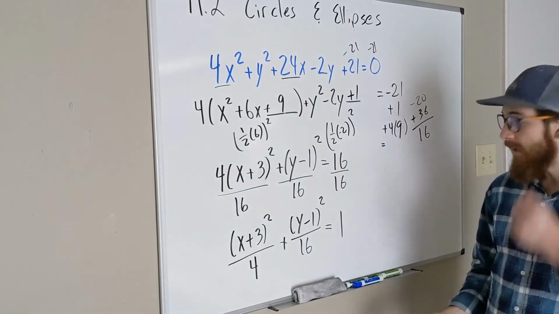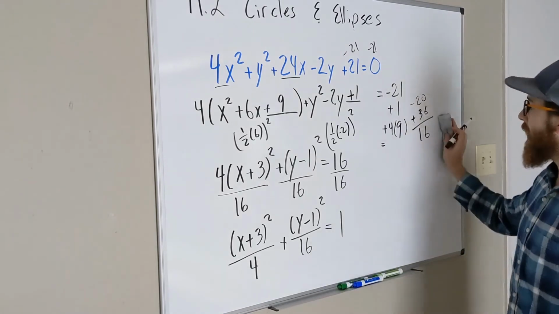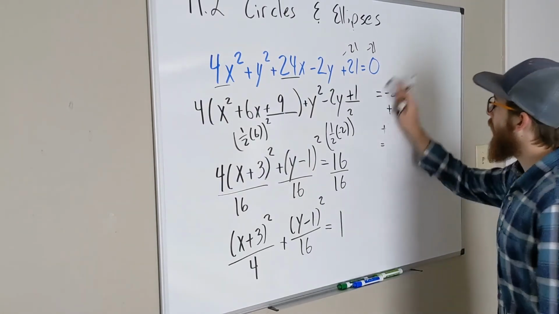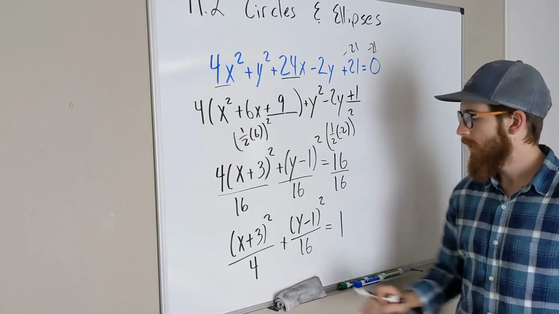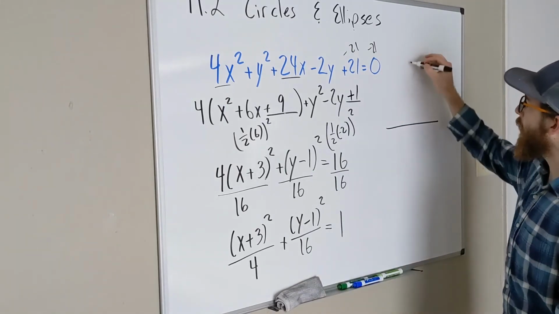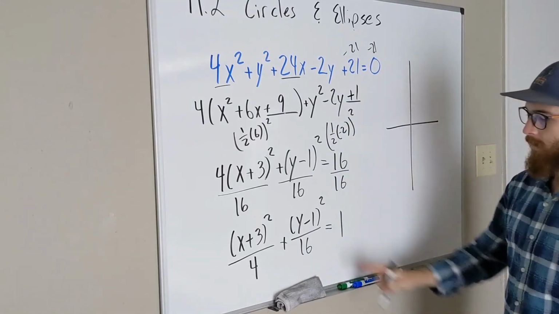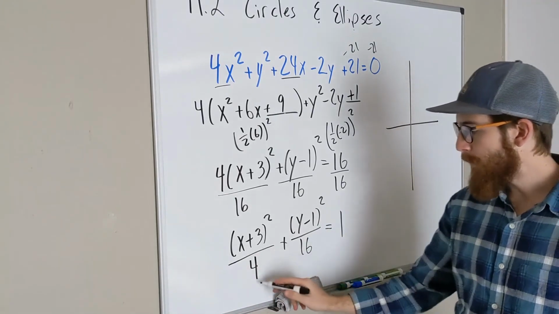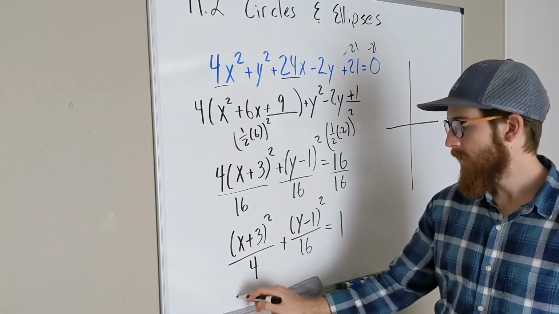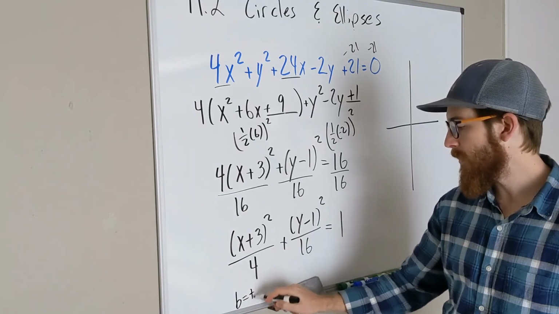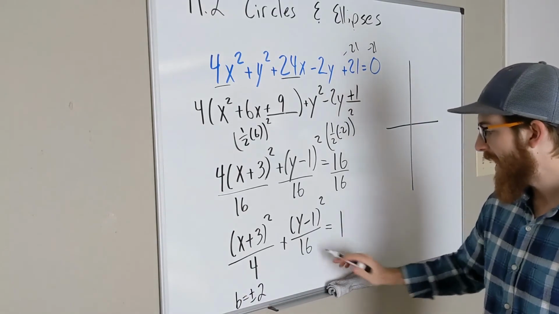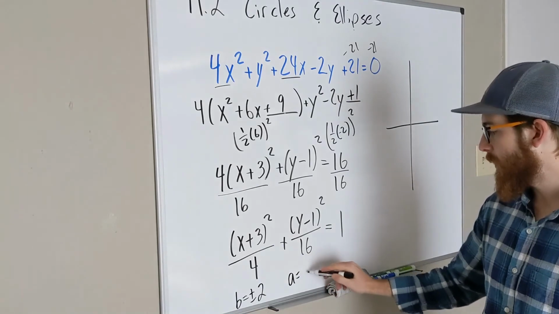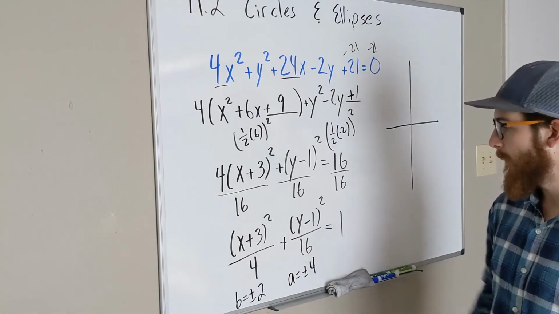Now we have to decide, is this a vertical or a horizontal ellipse? Well, which one's bigger, under y or under x? Under y. So if I want to find my b value, b equals plus or minus 2. A value, a equals plus or minus 4.